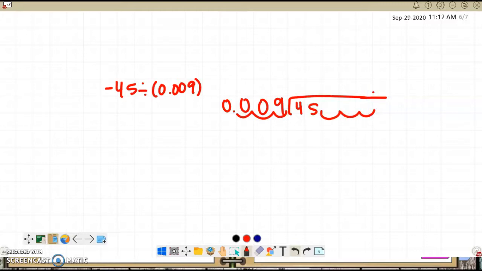If I move that decimal to the right on the inside and there are blank spaces there, I'm going to fill those in with 0. 9 will go into 45 5 times. And 9 will go into 0 0 times. And a negative divided by a positive is a negative. That is negative 5,000.